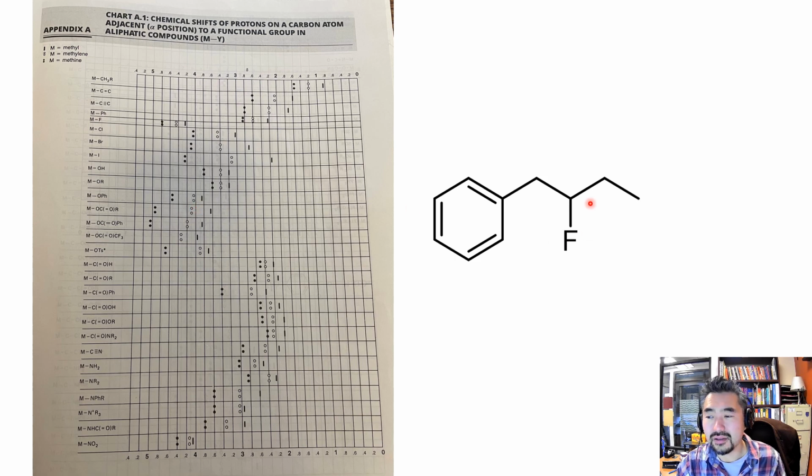Okay, so let's say we want to figure out what the expected chemical shift of this methyl group would be. So what you do is in appendix A table, if you're looking for the shift of a methyl, you will look for this symbol. And if your methyl is attached to another methylene or some sort of simple alkyl group like this, then you would expect that methyl to show up somewhere around here.